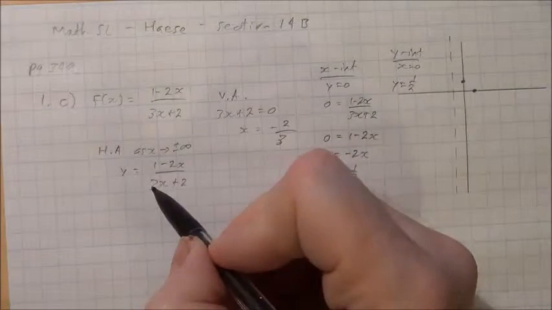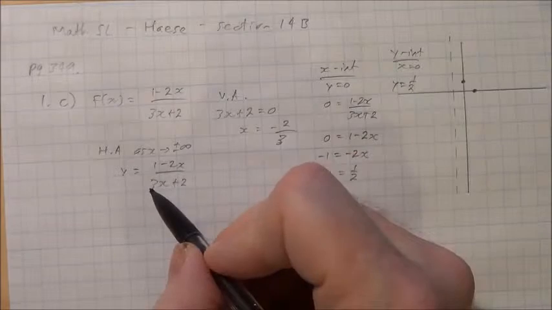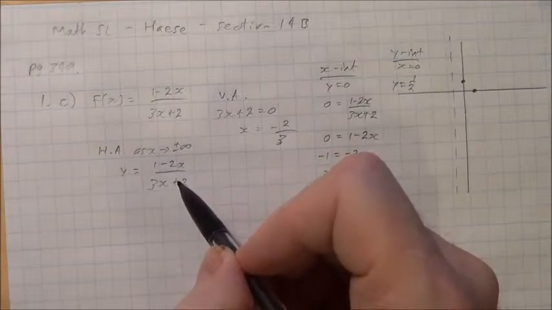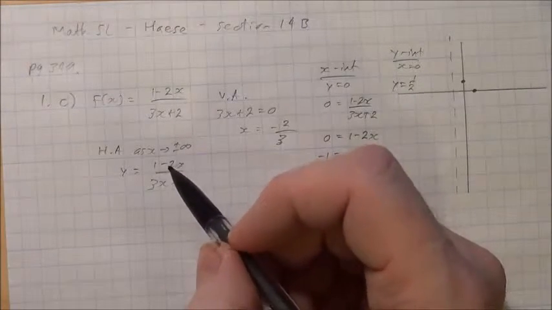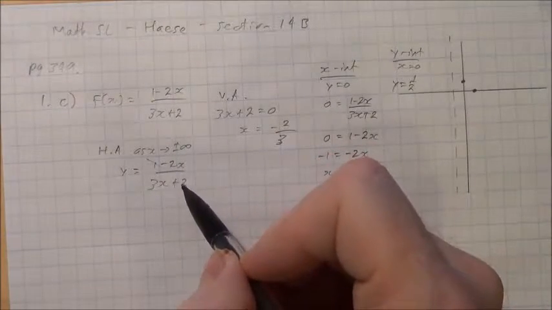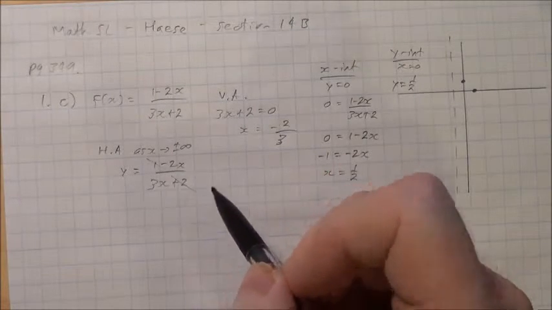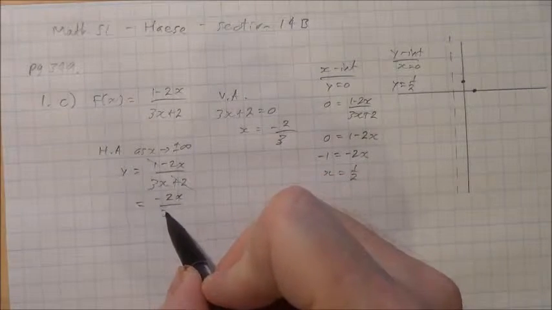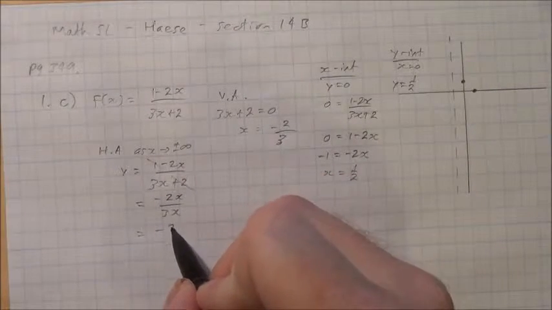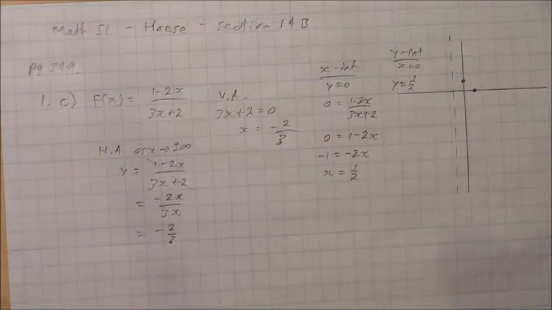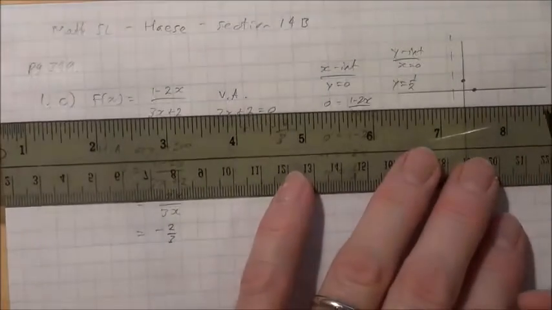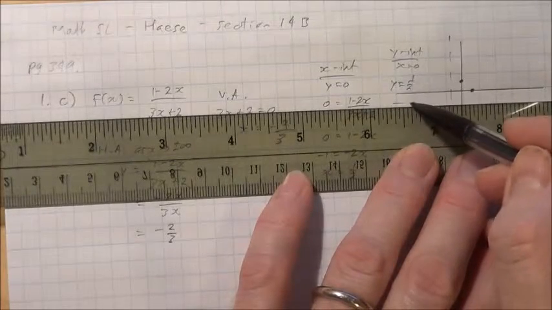Well, as we saw from the other example, if Warren Buffett found $1, is that going to change his general wealth? No. If he found $2, that also won't affect his current status either. So we're left with negative 2x over 3x, and we simplify that to get negative 2 over 3. So the horizontal asymptote is negative 2 over 3, and I will just place that around here.